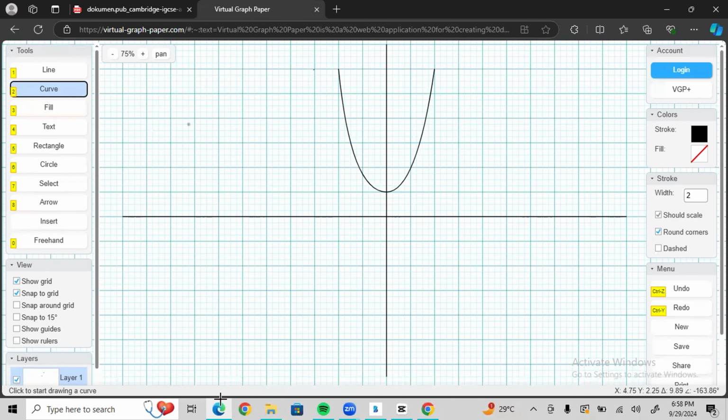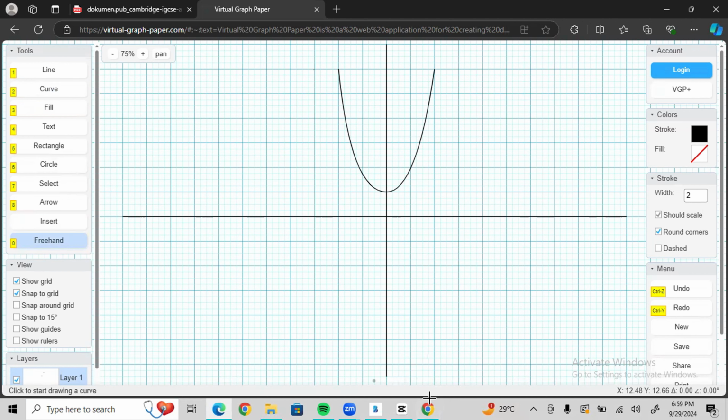And as you have noticed, this graph is not at all touching the x-axis. Even though it's touching the y-axis, it's not touching the x-axis. And when it's not touching the x-axis, it's not going to give us any values for x. And thus, we are going to get no solutions for this answer.